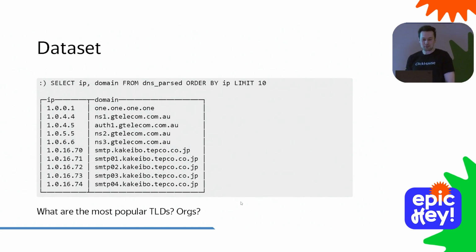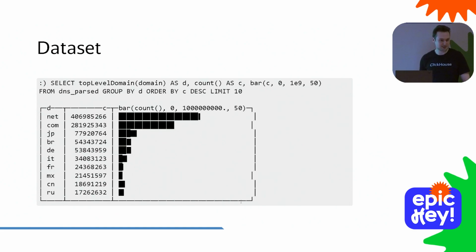You probably guessed all of it. Interesting. What is the domain name from the 90s? Maybe .su? Actually .net. So you are right. Then .com. Then Japan for some reason, and Brazil. I don't know why.